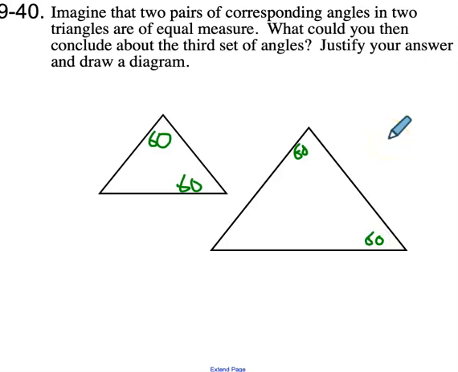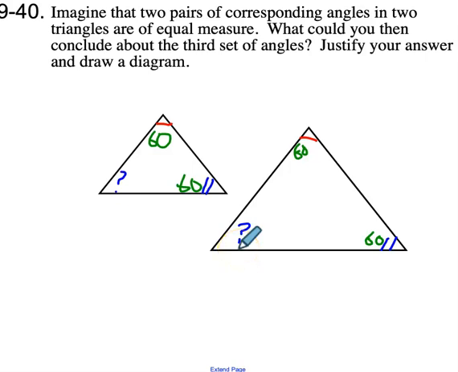It says, what can you conclude about the third set of angles? Justify your answer and draw a diagram. So we know if these two corresponding angles are equal, and if this corresponding angle is equal, what can we conclude about the third set of angles?